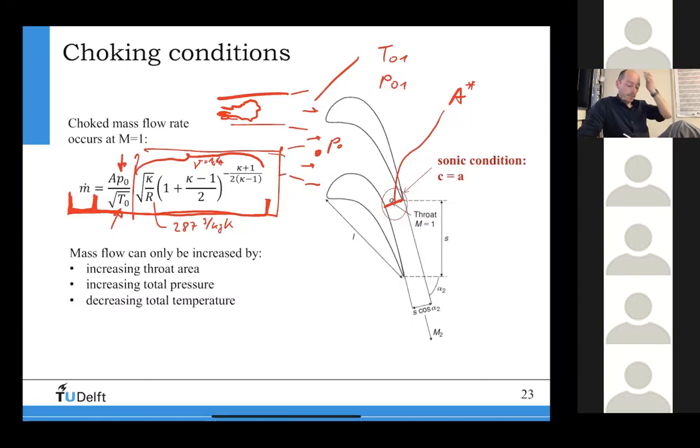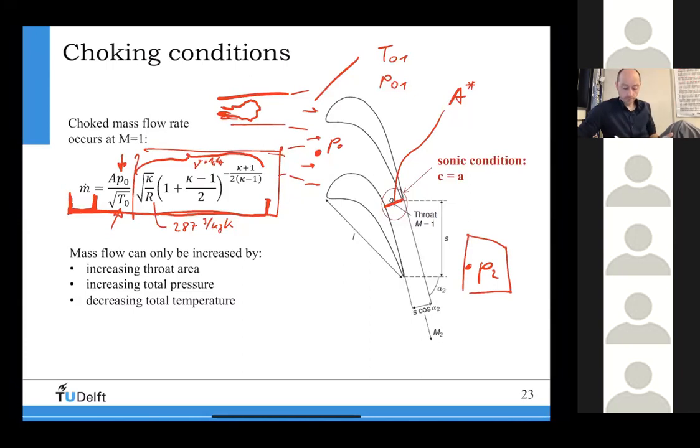So this equation basically tells you a few things: no matter what the pressure at the outlet is, P2, if the pressure at the outlet is small enough to reach supersonic flow at the throat, then lowering the pressure will not increase the mass flow anymore.